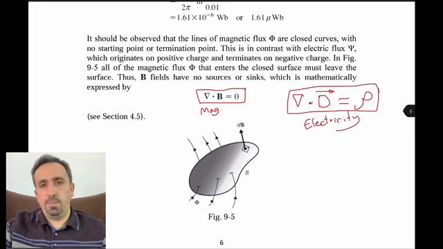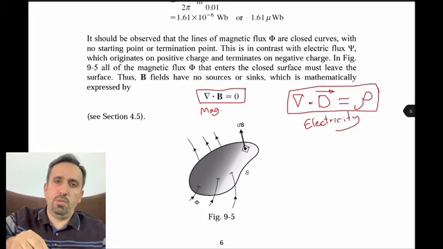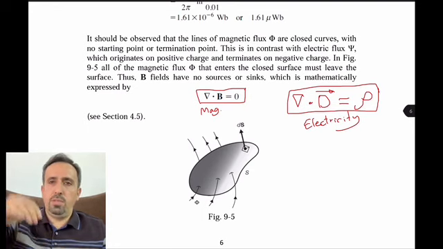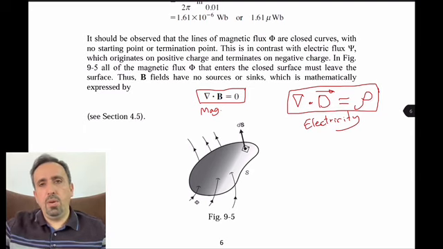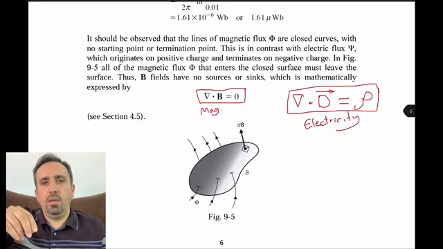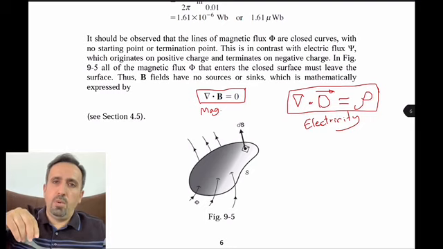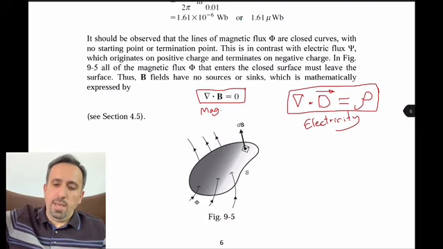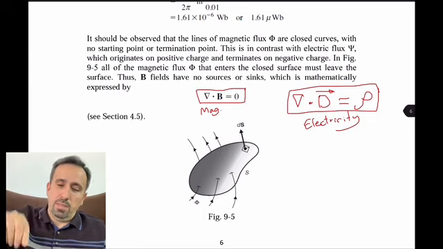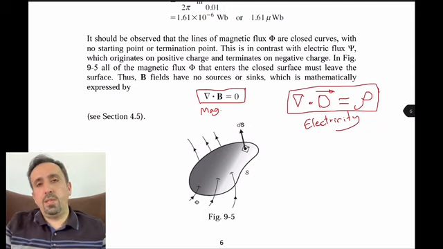For example, the North Pole and South Pole of our planet. When you talk about Earth and you have the South and North Pole, you will have rings representing the magnetic field.